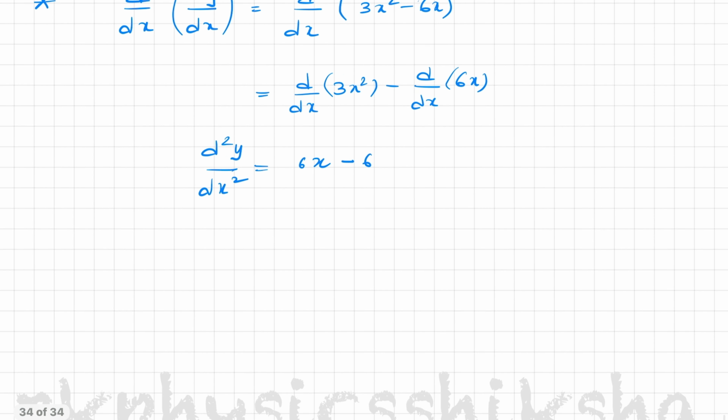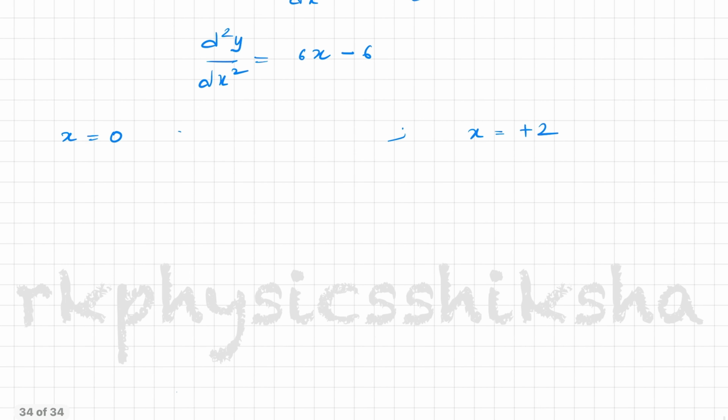Now this value of d square y by dx square at maxima should be less than 0, and at minima it should be greater than 0. So I have two values: x is equal to 0 is one case, and x is equal to plus 2 is the other case. So d square y by dx square at x is equal to 0, let us see how much you will get.